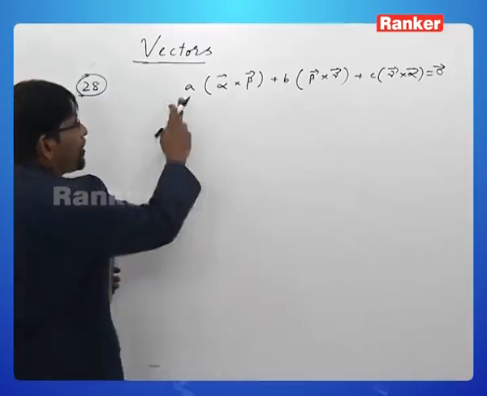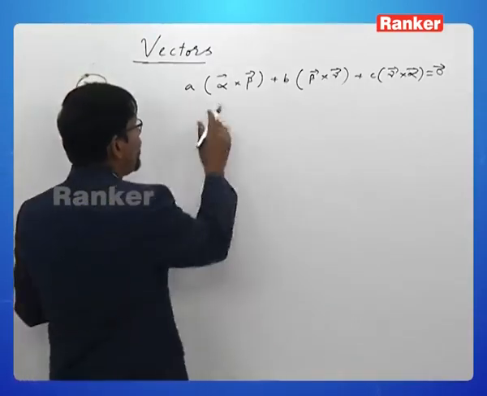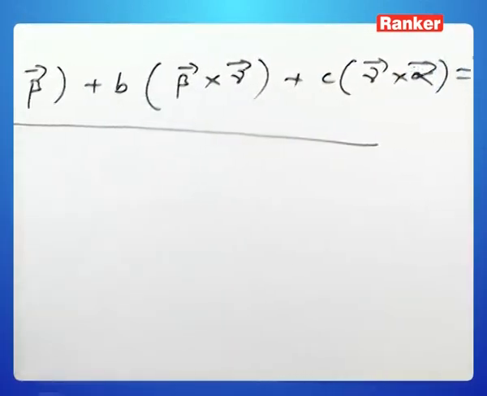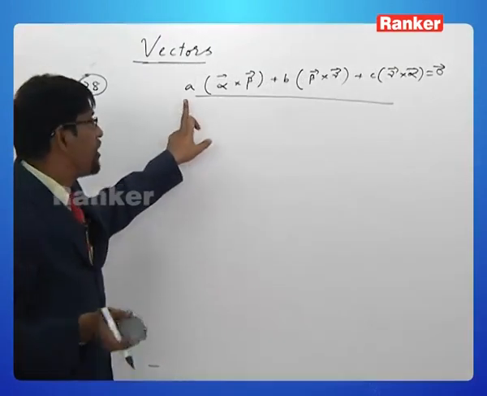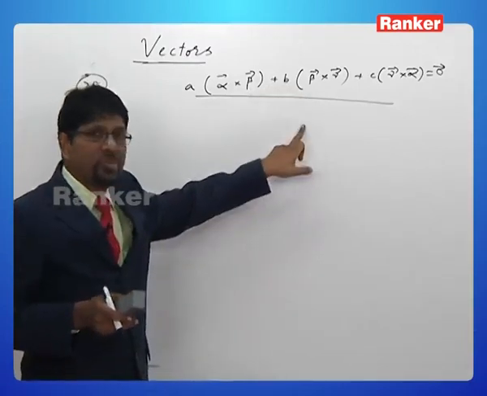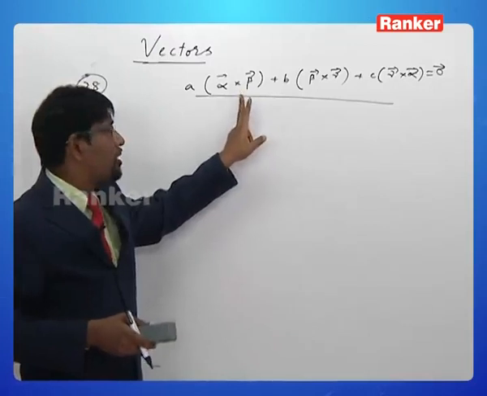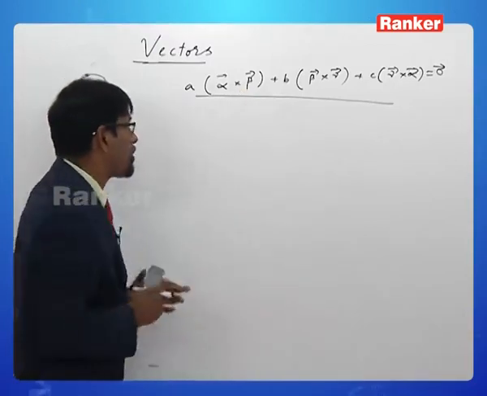Now with at least one of these a, b, c non-zero, what does that mean? When you have a linear combination of three vectors with the help of the three scalars a, b, c equated to null vector and with at least one of the scalars non-zero, it means a non-zero vector is expressed as a non-trivial linear combination of the three vectors, which means that the three vectors must have been linearly dependent and hence coplanar.